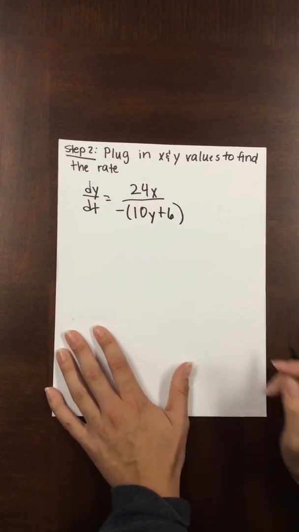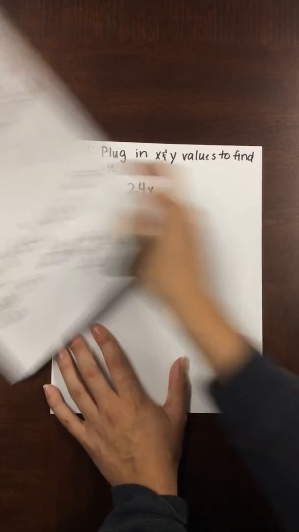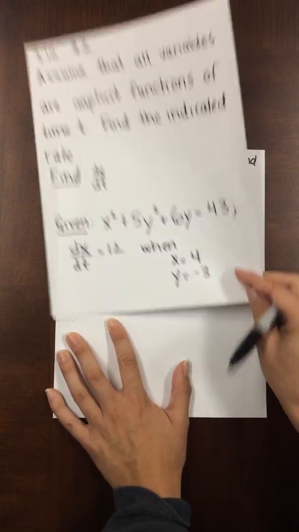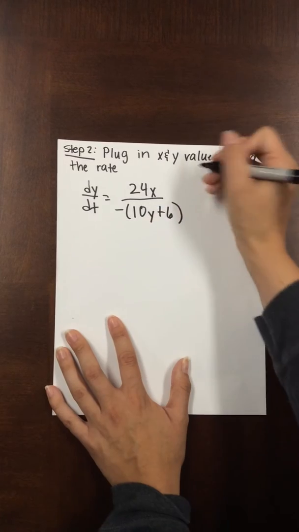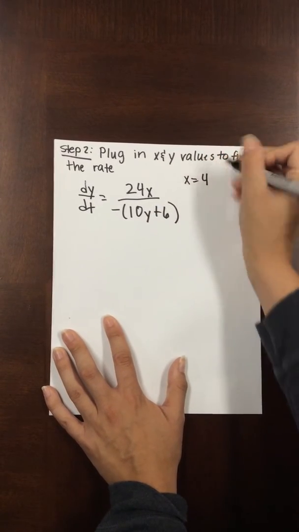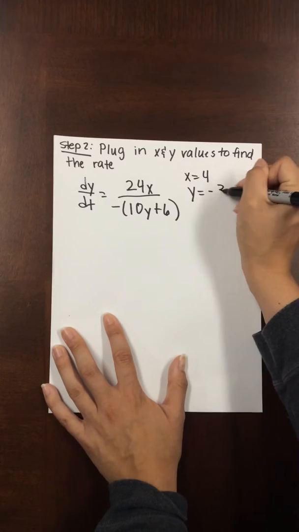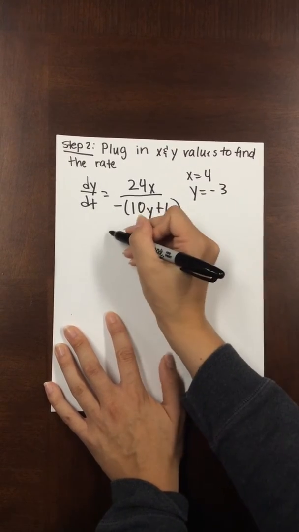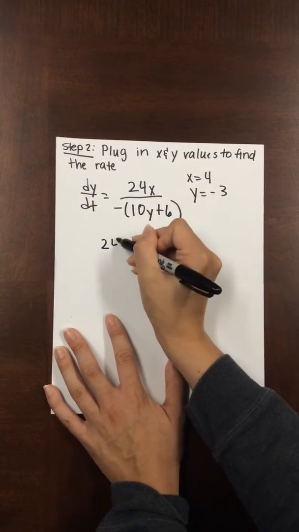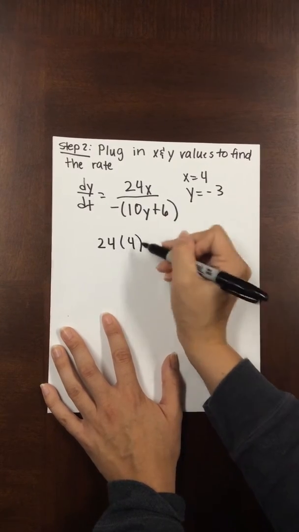Looking back at the other page, they told us x is 4 and y is negative 3. So when x equals 4 and y equals negative 3, we plug those values in. We get 24 times 4.